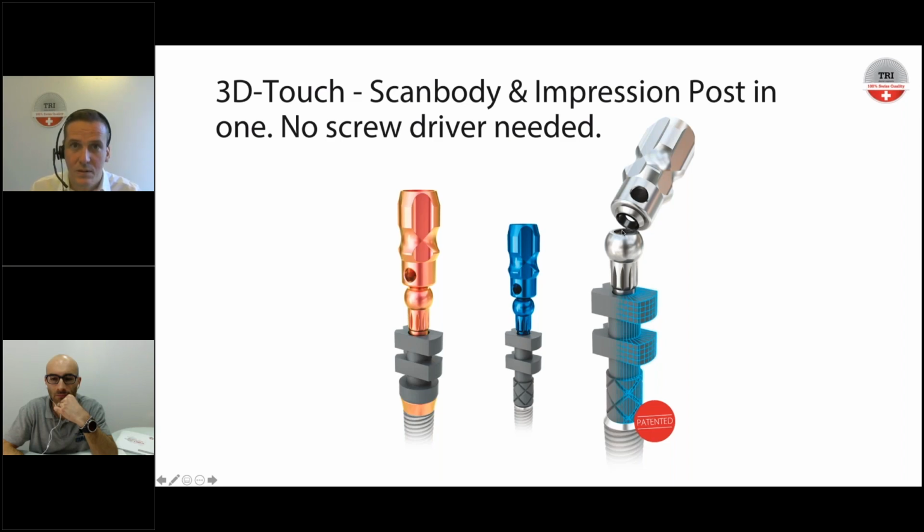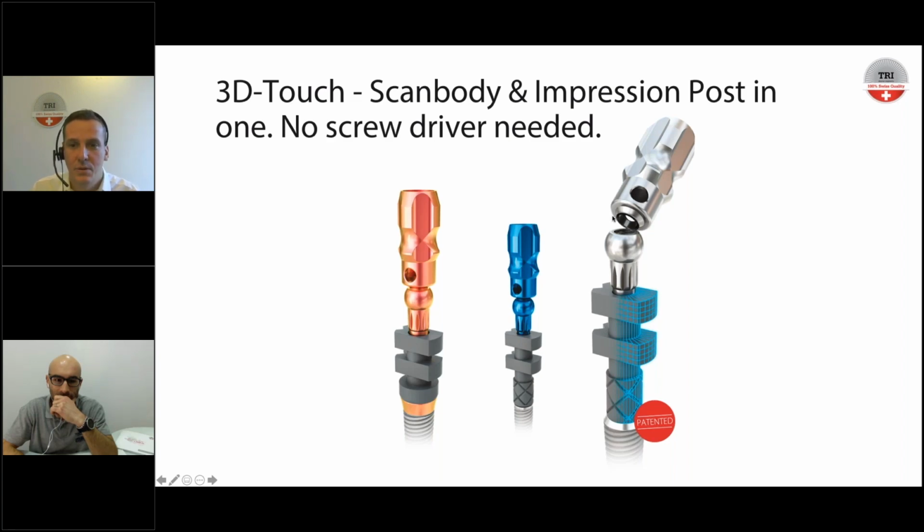The threads won't touch the inner threads of the implant before the hexagon connection or the octagon connection in our system is in place. So there's no need for a control X-ray.